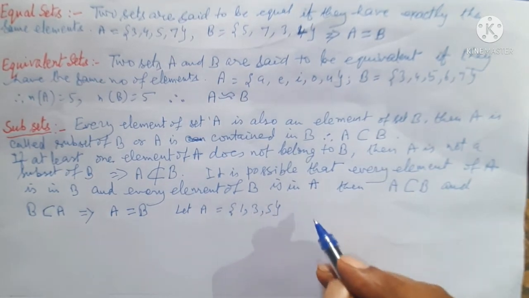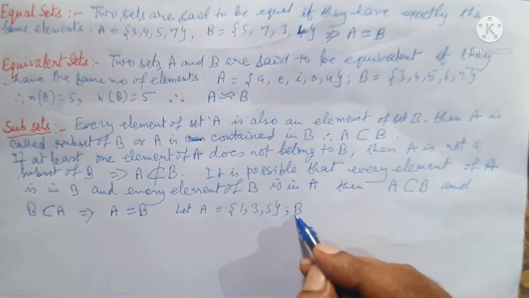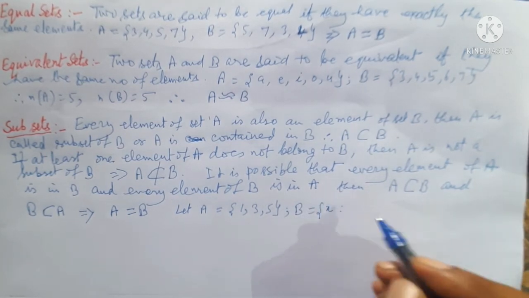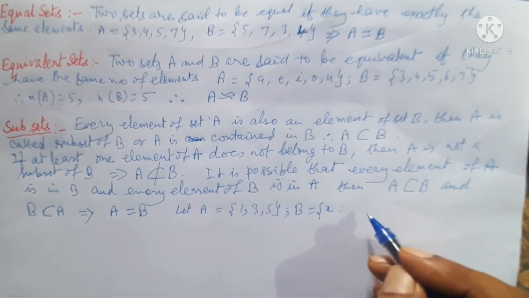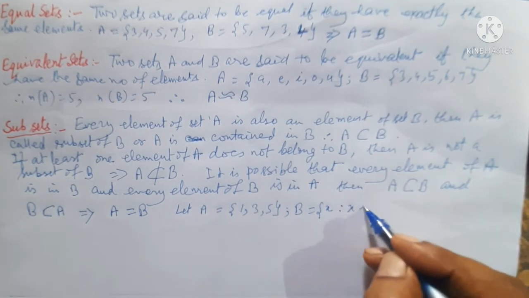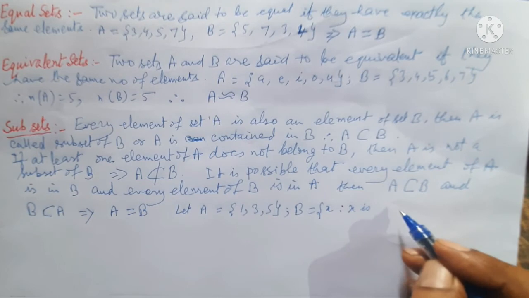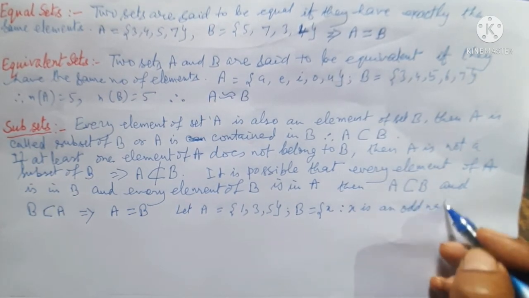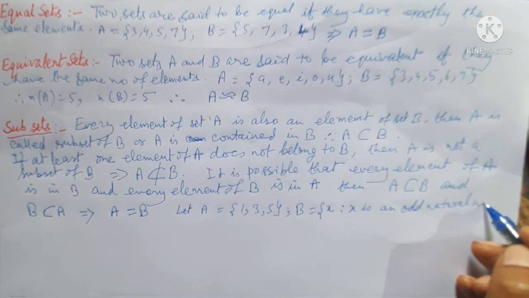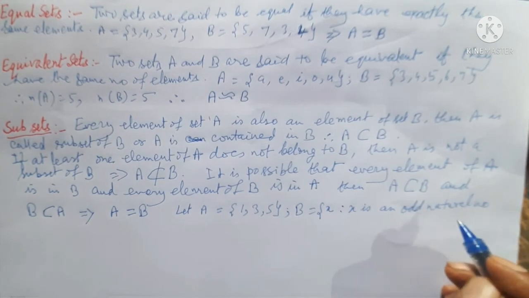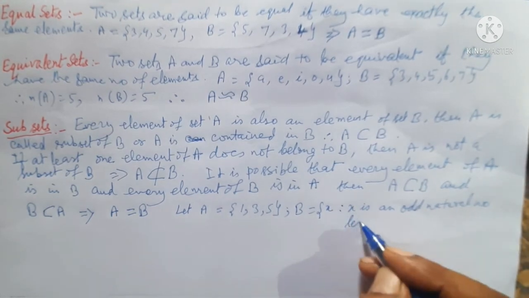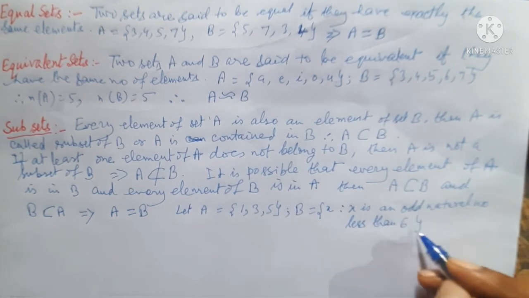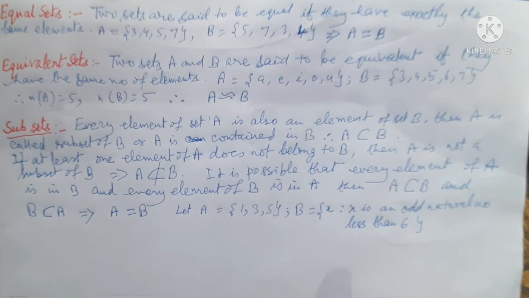And B is the set of X such that X is an odd natural number less than 6.